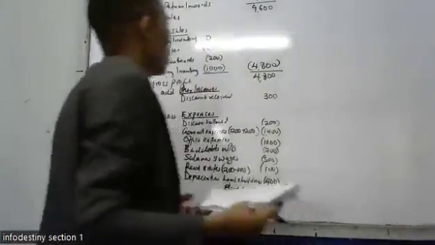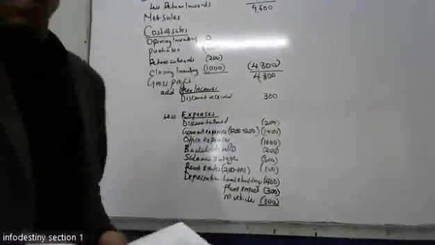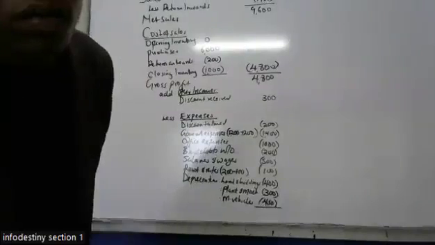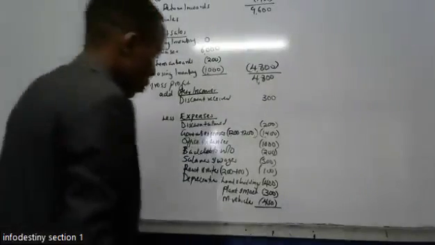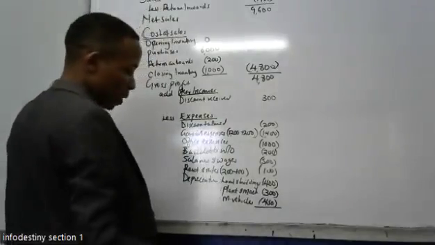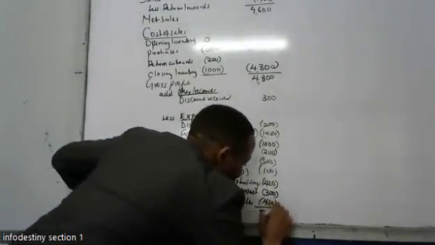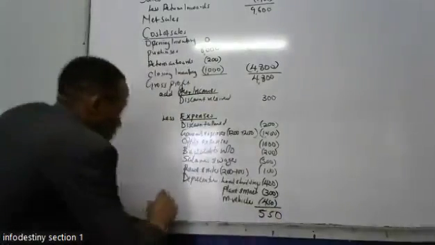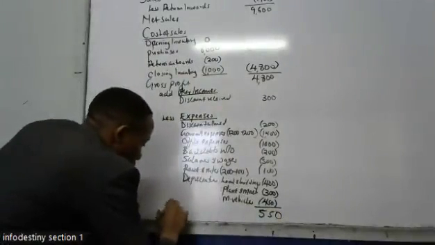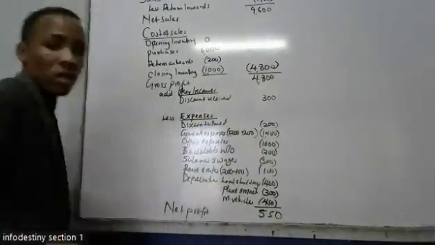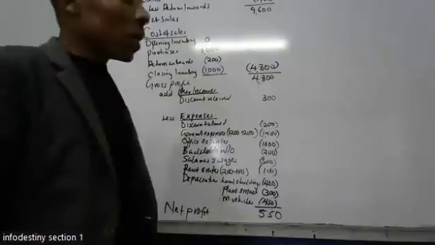So let us calculate the profits made. So the net profit is 550. This is the net profit.